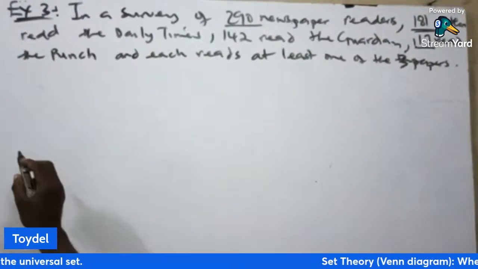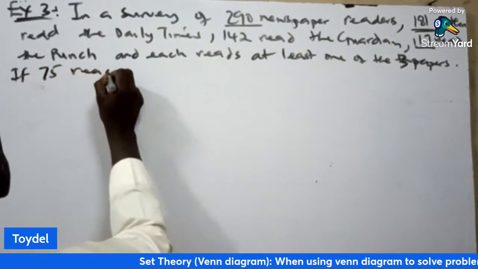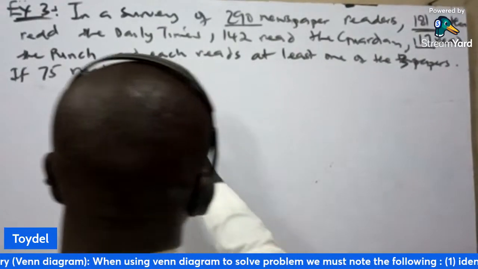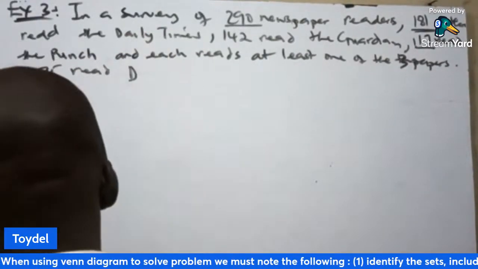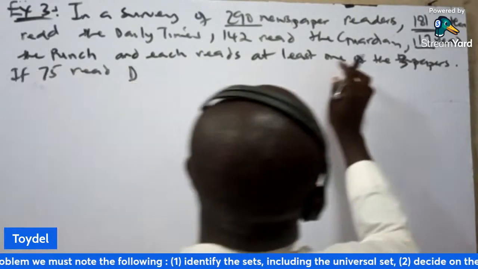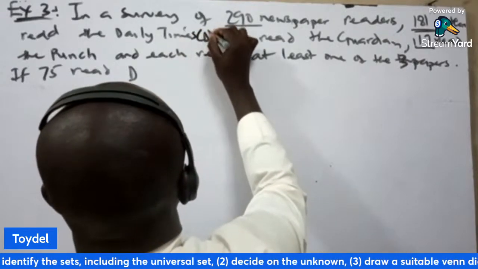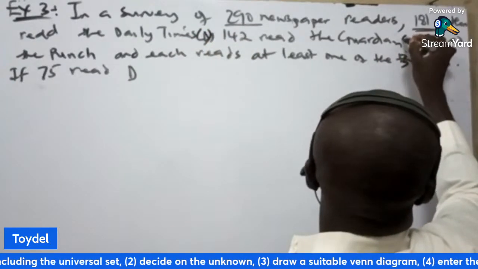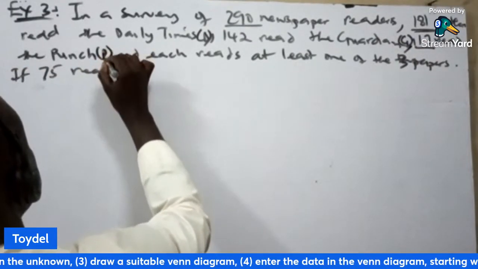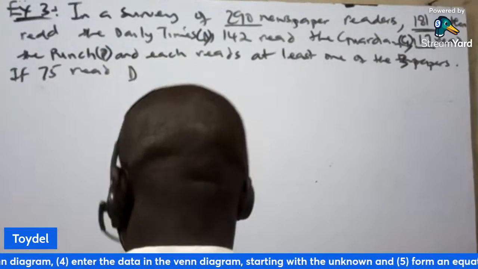So I want to abbreviate so that we're not going to use a lot of space. Let me abbreviate Daily Times as D, then use G for Guardian, then P for Punch, so that I will write the question in mathematical form.